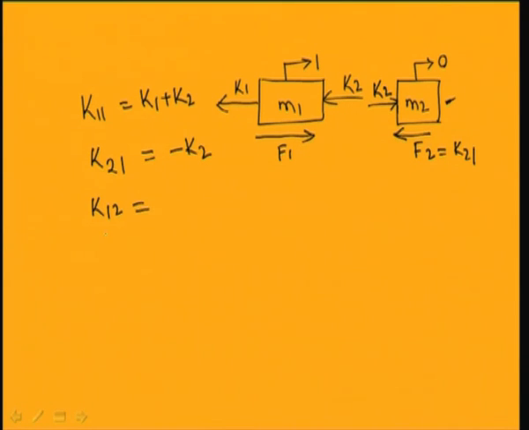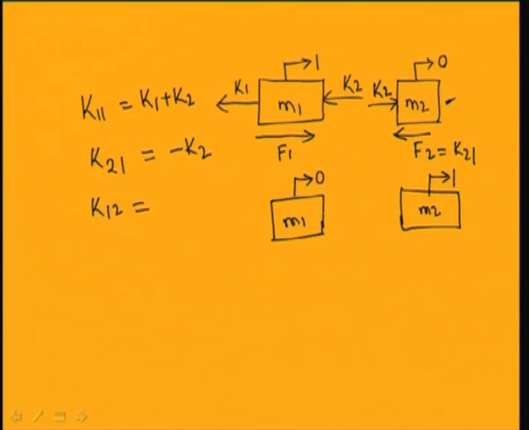Now, for K12 I can draw the free body diagram. This is the free body diagram for mass M1, and this is mass M2. In this case, as mass M1 has 0 displacement and M2 has unit displacement, the spring K1 will not be displaced, it will be stationary. So, it will not exert any force on mass 1, but the spring between M1 and M2, that is K2, will be pulled by an amount unity.